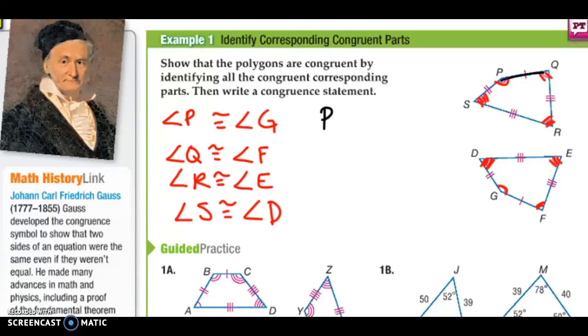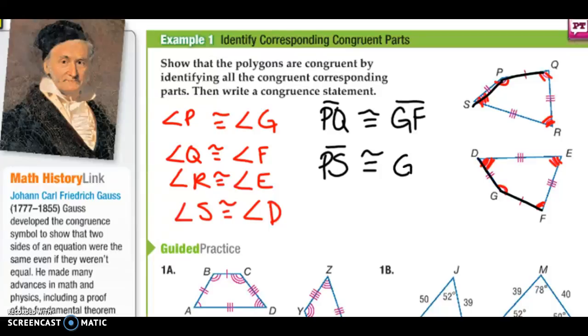We also see that PQ is congruent to GF. We see that PS is congruent to GD. We see that SR is congruent to DE.